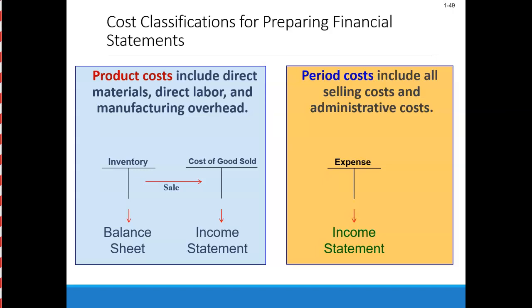When they finally are sold, they are off of the balance sheet and they become cost of goods sold on the income statement. Got it? All period costs, such as selling and administrative, never are product costs. They always go right to the income statement. Okay? Any questions so far?